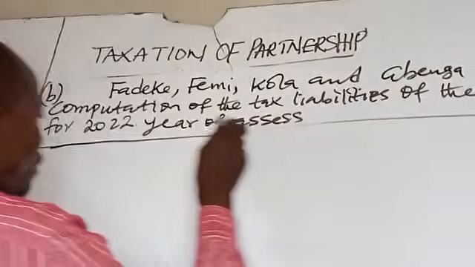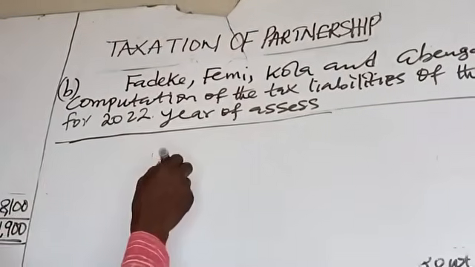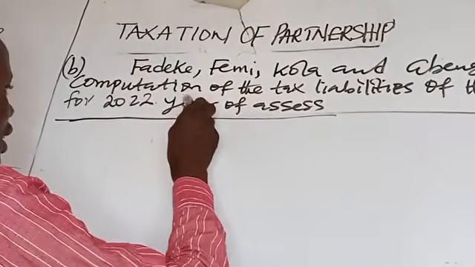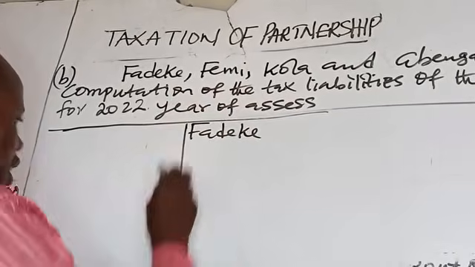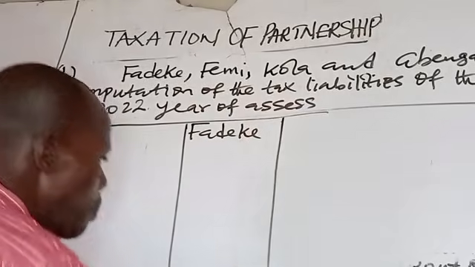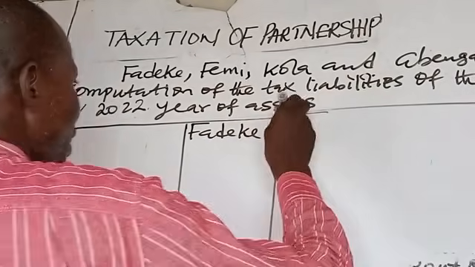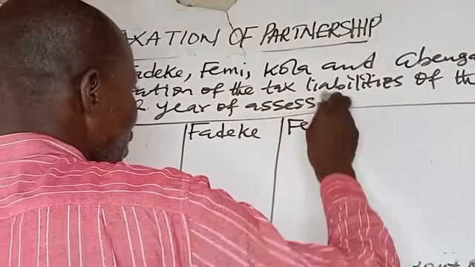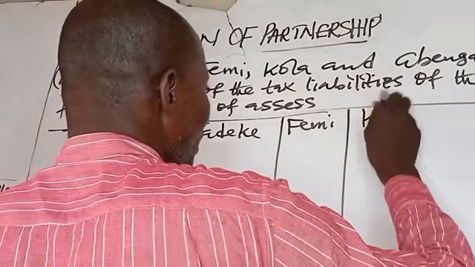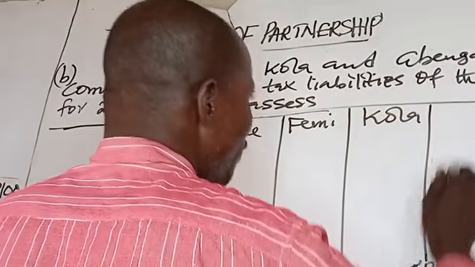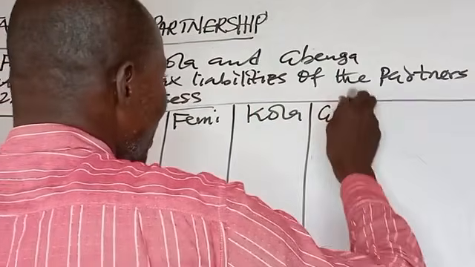So we have the first partner, Fadike. The second partner is Femi. The third partner is Kola. The fourth partner is Binga.